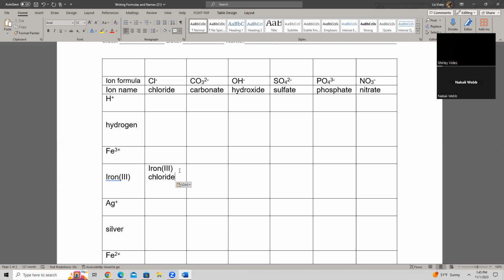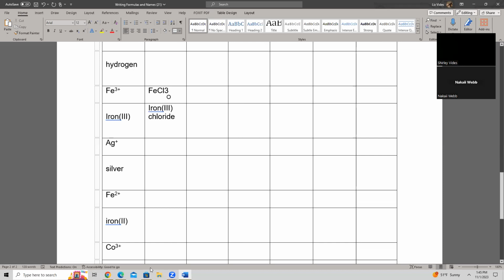Now, Fe doesn't get a subscript, because the Cl is 1, Cl gets 3. See? What if we're making iron 2 chloride? All right. So we got iron 2 right here, and then chloride. See, there is a difference now.